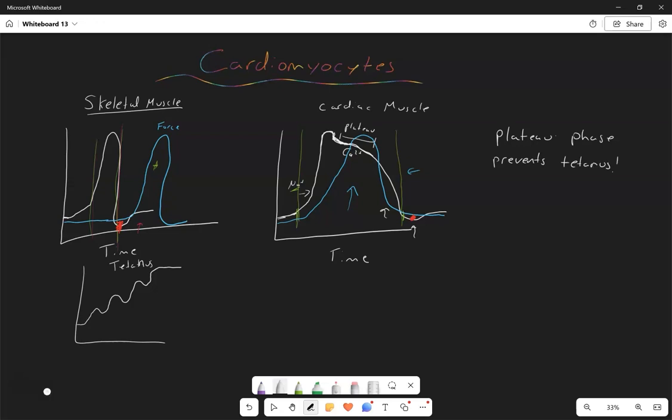That's a good thing, right? Because now our muscle cells have to contract and then they have to relax. They have to contract, they have to relax, right? If we were to reach tetanus in our cardiomyocytes, they would just hit this sustained contracted condition, and then they would never relax and the heart wouldn't actually beat and it wouldn't do its job.